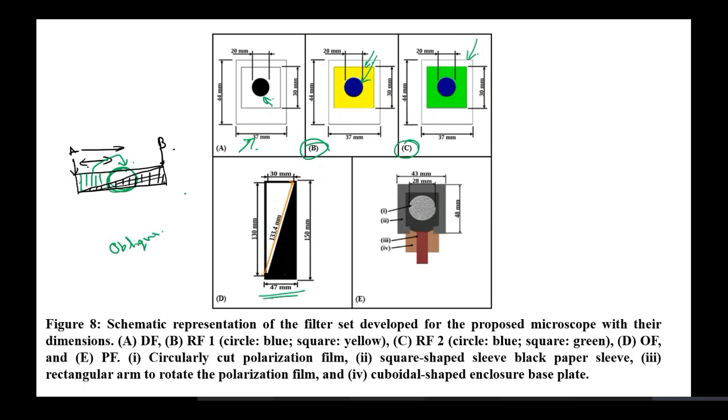Till now, when we are using the light source, we are illuminating the system from all directions, except in the dark field where we are stopping the central part of the light. However, in this case, we are blocking the light at a particular angle.